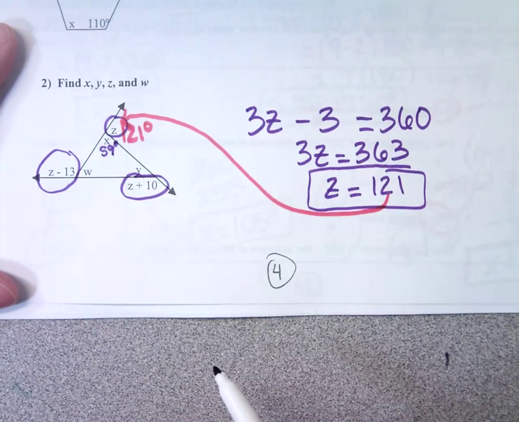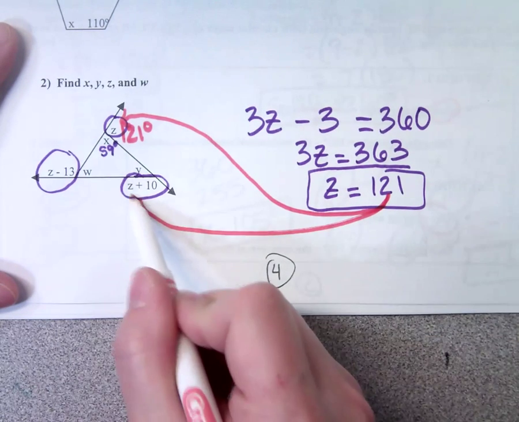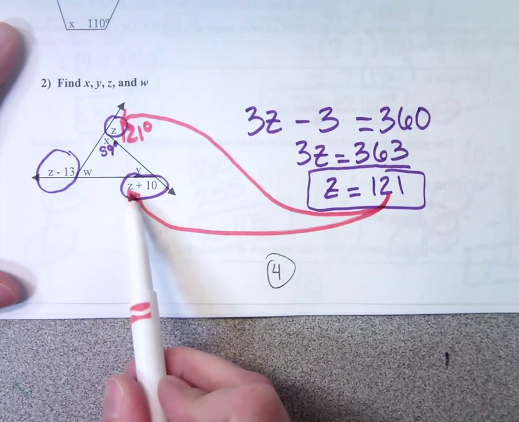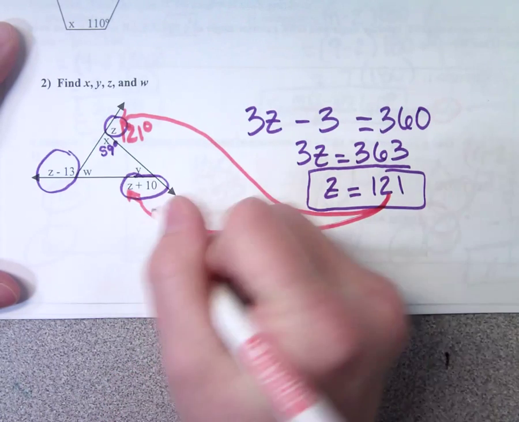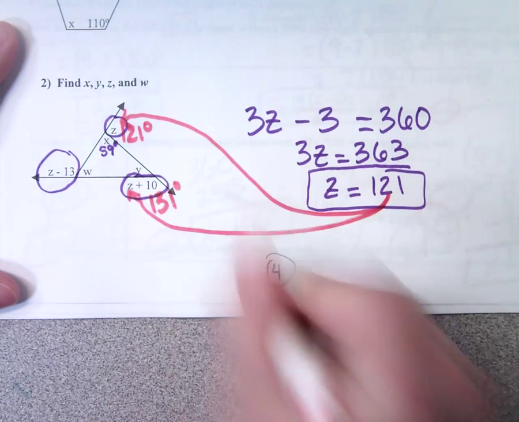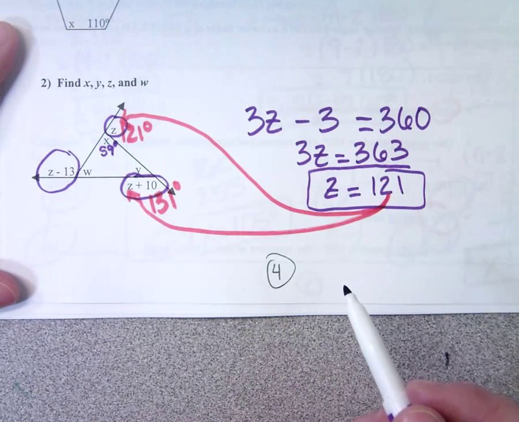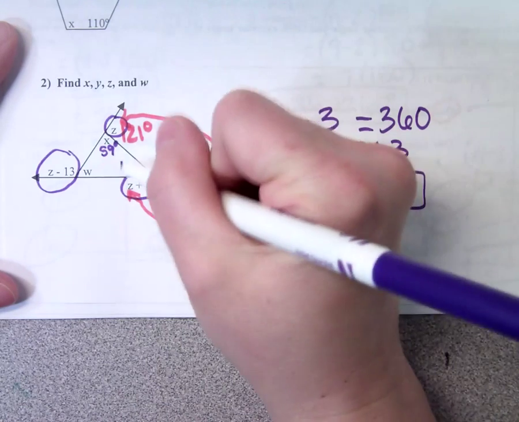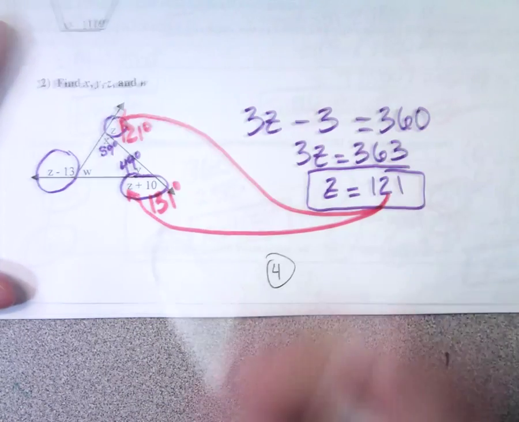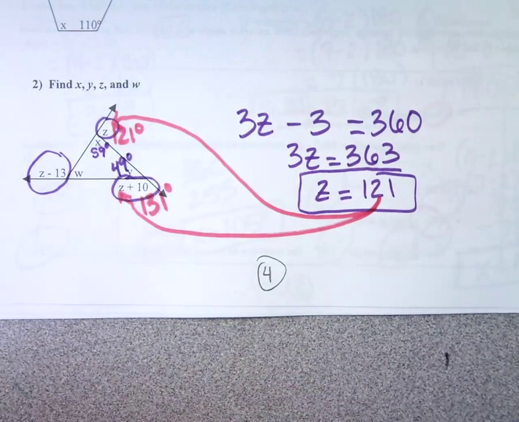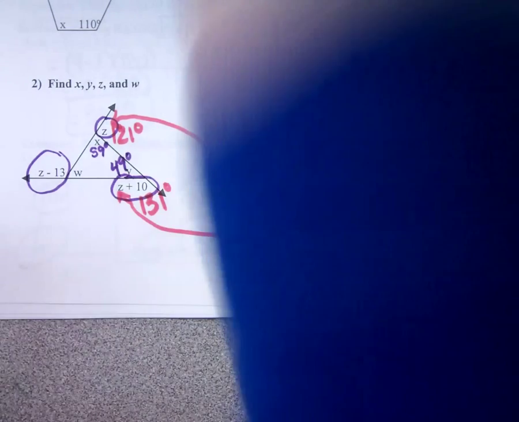Craig, you are my human calculator today. Okay, if I plug 121 into this z, what's 121 plus 10? Okay, so if this little angle right here is 131, what would y be? 49. Okay, and take a moment and find w for me, and I'll draw another stick.